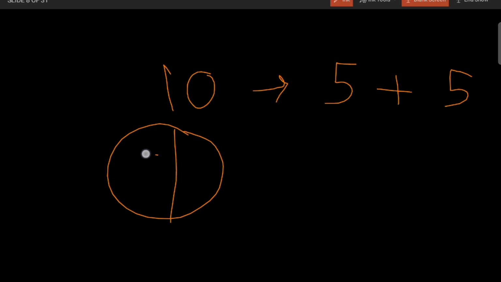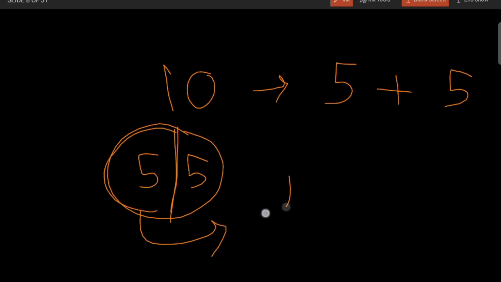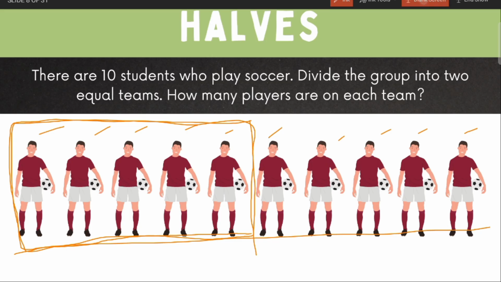There were 10 members. We have divided into 5 and 5 each. So 5 plus 5 makes 10, and that means we have divided into 2 equal parts. If this is 10, we have divided into 5 and 5. So this part will be, yes, it's simple, 1 by 2. We understood this. Perfect. Okay, now let's move on.